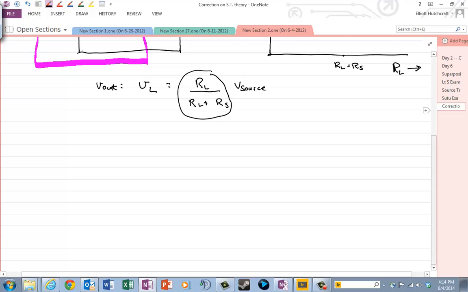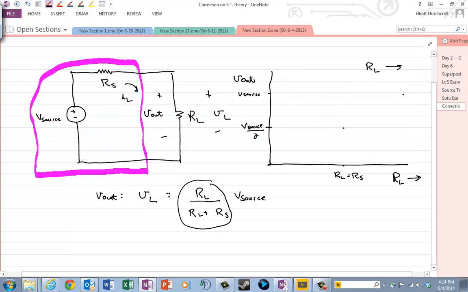When RL equals 0, I can plug in and get 0 over 0 plus RS times V source. So VL equals 0.